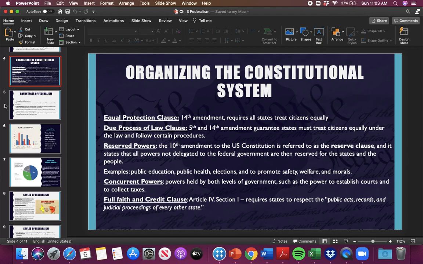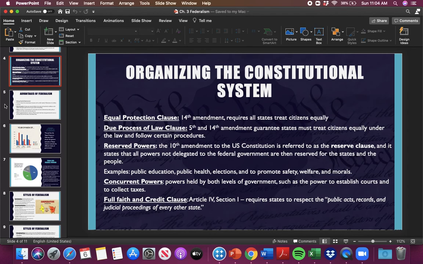Or let's say that you were convicted of a crime in one state and you ran away to another state, that state was not obligated to enforce your criminal conviction, send that person back, any of that kind of stuff. So the full faith and credit clause takes care of that. If you are convicted of a crime in Texas and you run away to California, California will arrest you, pick you up, and send you back to Texas.